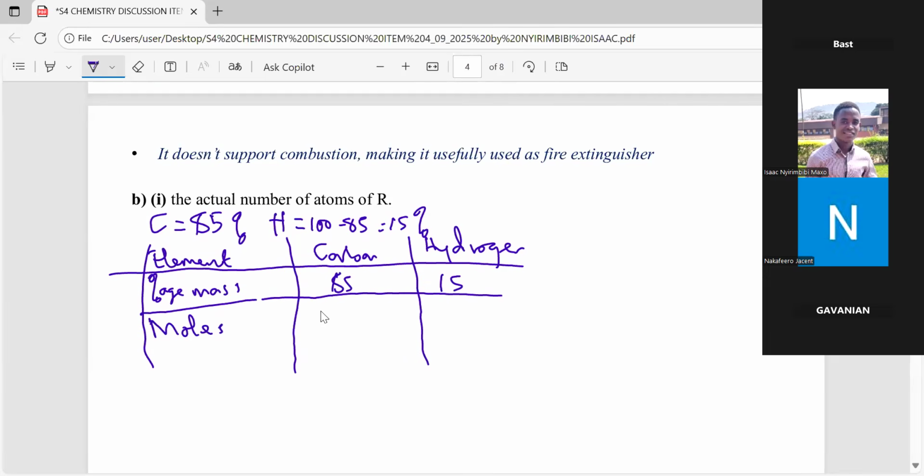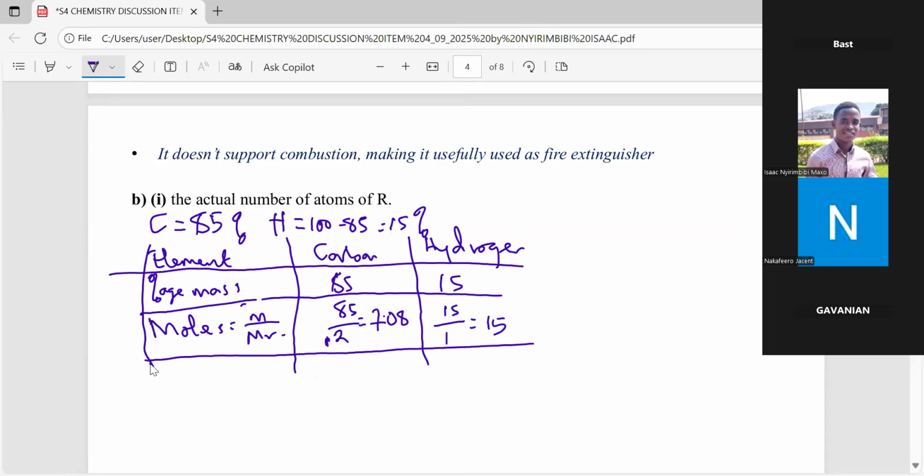So moles are equal to mass over molar mass. 85 divided by 12, what is the answer there? It is 7.08. Then 15 divided by 1, the answer remains 15.